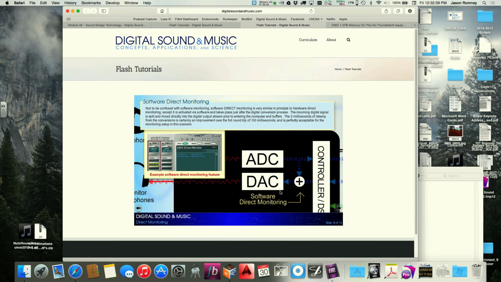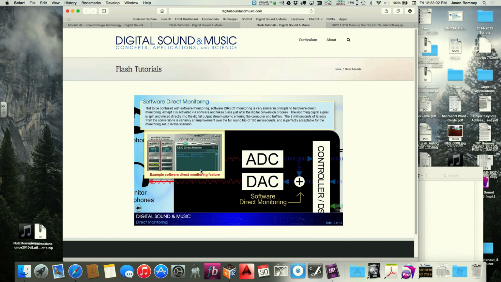So some software drivers, this is just a screenshot from the ASIO driver for some interface. What you're doing there is sending a command to the interface itself, saying, hey, take the digital signal coming in on the input and route it to the output. And that's called software direct monitoring.